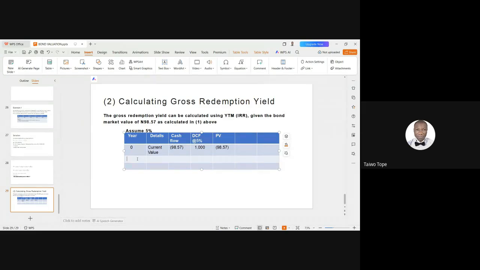Please take note, in the question paper, your annuity table is there. You can access it and see how you can get your annuity figure from it. I'll also show it in one of the classes. So now, since we have the same value of interest, what are we going to do? Your annual interest payment or coupon is what?